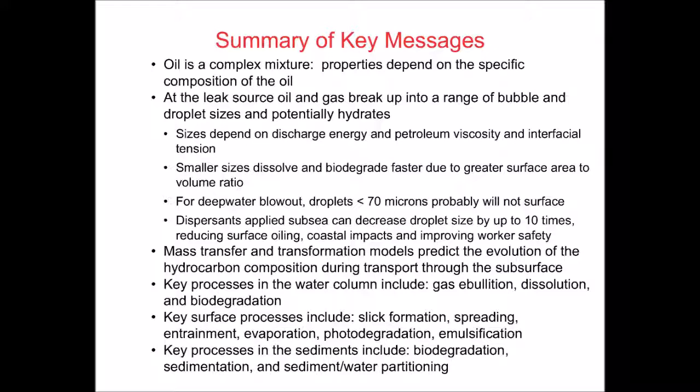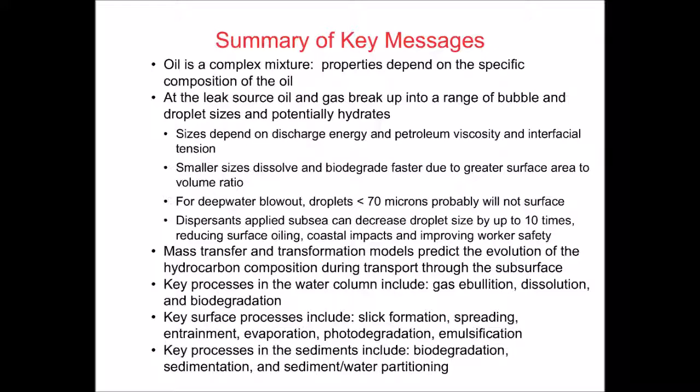Key surface processes are that we may form slicks. They will have different thicknesses. They will spread based on different wind and wave characteristics and the properties of the oil. If we have enough energy at the free surface, we can entrain the oil into small droplets that will stay suspended near the upper ocean. If we don't have enough energy, then they'll form slicks that are evaporating into the atmosphere.